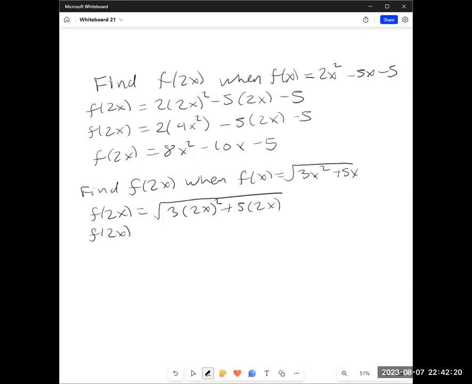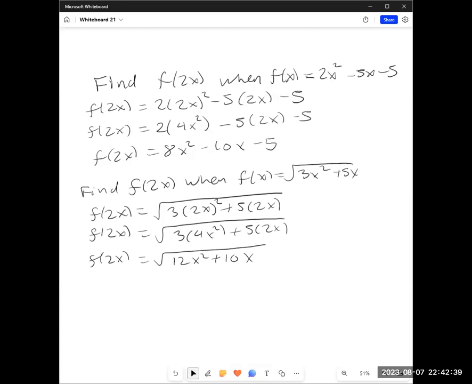F of 2x is equal to the square root of 3 times 4x squared plus 5 times 2x. So f of 2x is the square root of 12x squared plus 10x. And there's no perfect squares that can come out of that to simplify, so I'm done with that one.